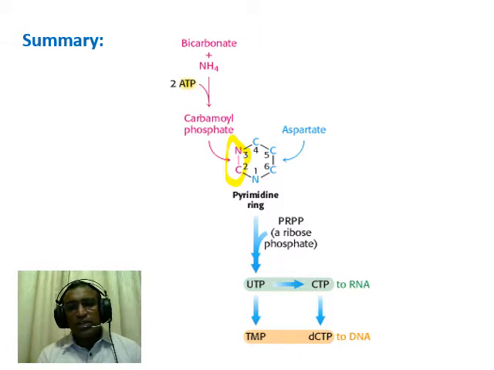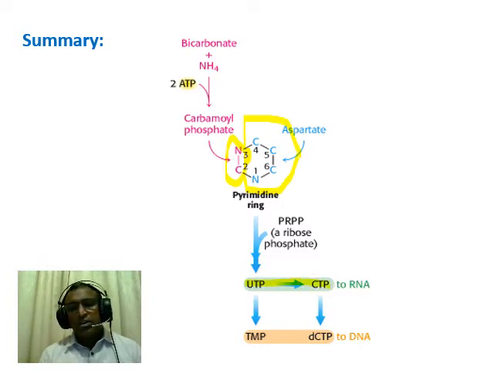Then comes the aspartate, the amino acid, to provide the remainder of the members, carbon as well as nitrogen. And then only comes PRPP to form the full nucleotide structure. It will first form UTP, and then from UTP it's possible to form CTP.